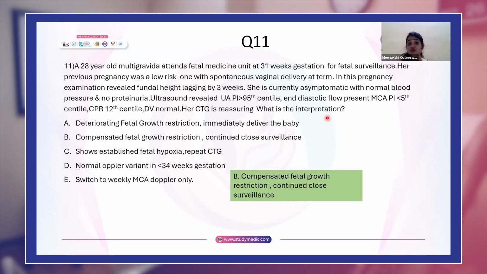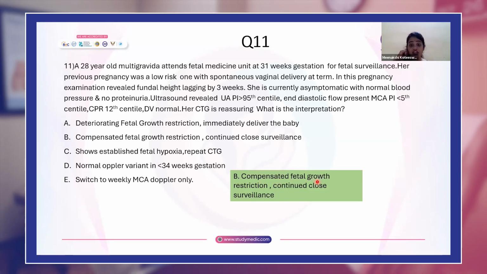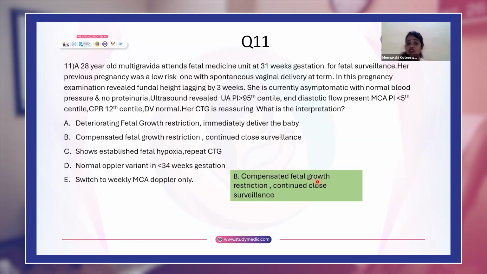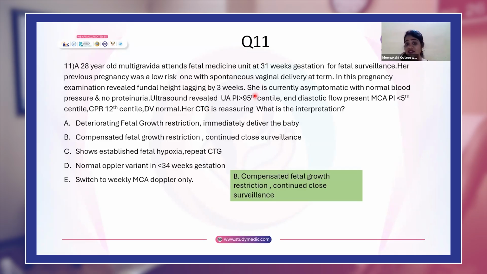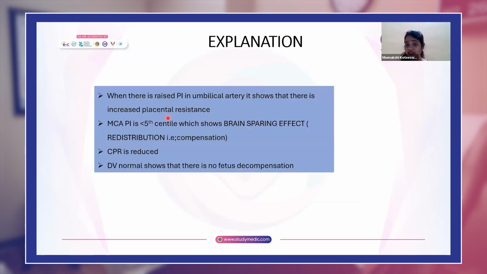They're asking you the interpretation, right? So you have to say compensated fetal growth restriction, continued close surveillance. This is what you will have to choose based on the options given. Whenever there is a raised pulsatility index, as you can see here, that shows increased placental resistance. MCA less than the 5th centile shows a brain sparing effect, which means there is going to be compensation.